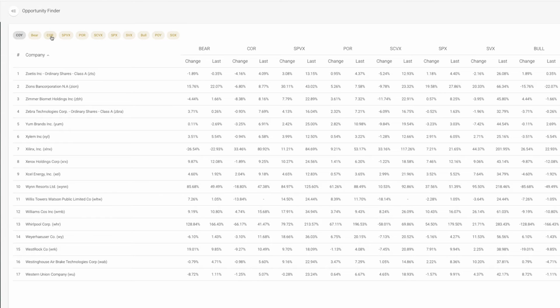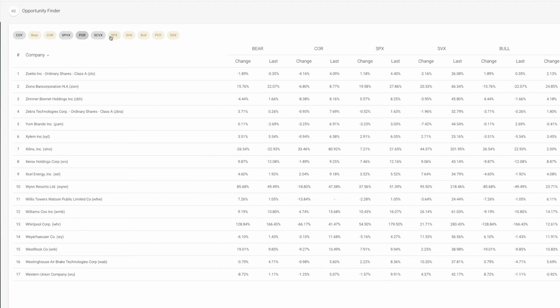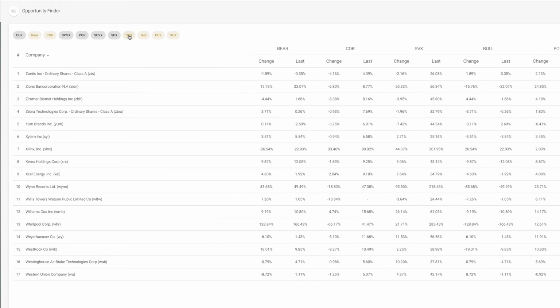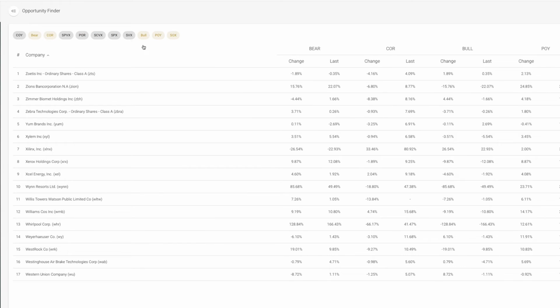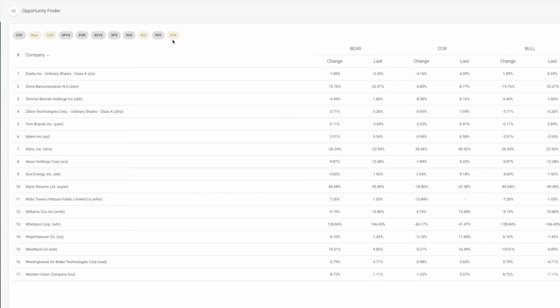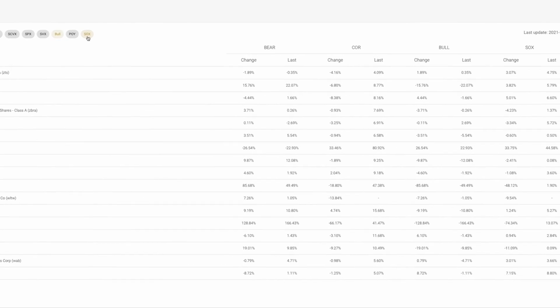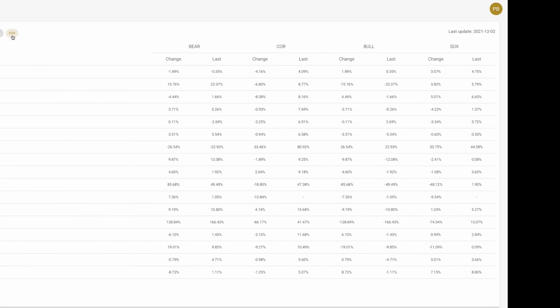We'll keep bear and core, and we'll get rid of some of these others. And we'll keep bull and the optimism index. Now remember what I said earlier: anytime you sort on these columns, it indicates some sort of signal, right?